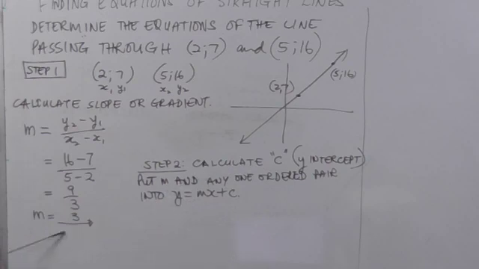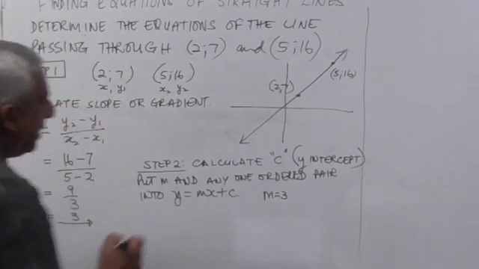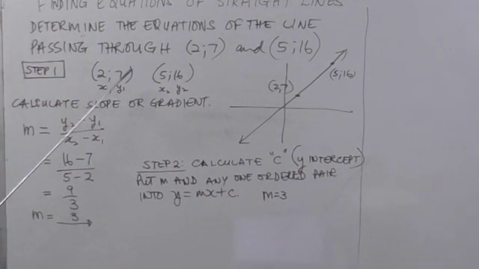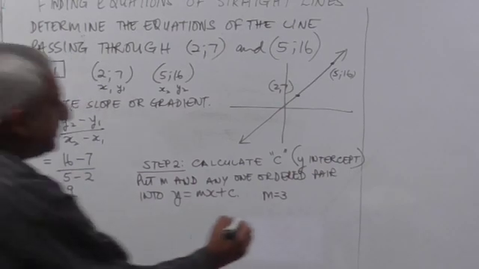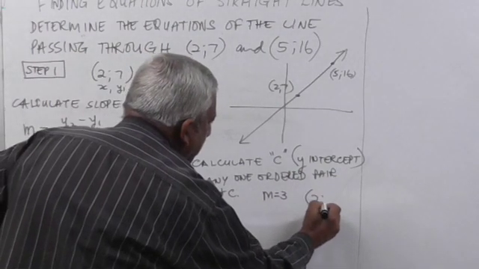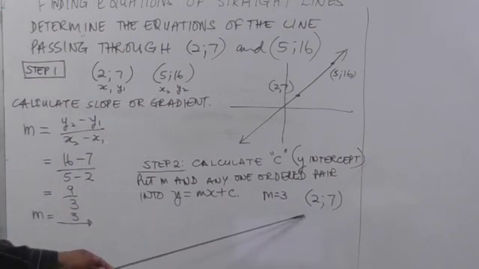So what is m? We already found m. M is 3. One ordered pair. Any one. You can choose any one. Suppose I took 2, 7. There's 2, there's 7. Now here there were 2 ordered pairs. That's why we call it x1, y1, x2, y2. Here there's only one ordered pair.